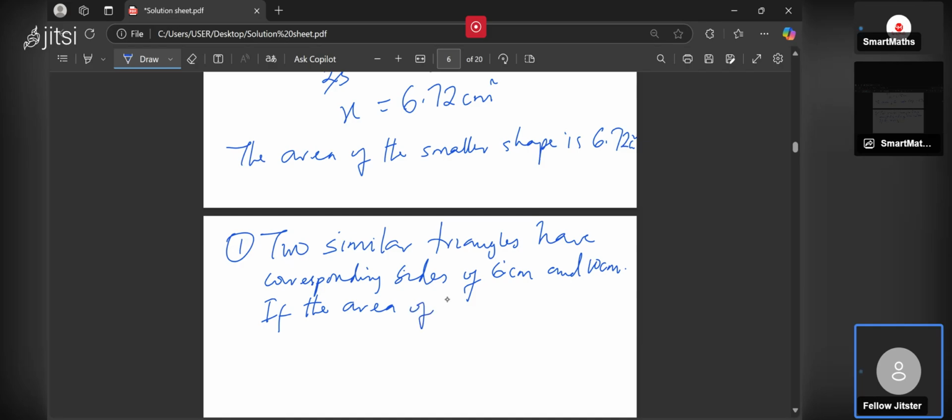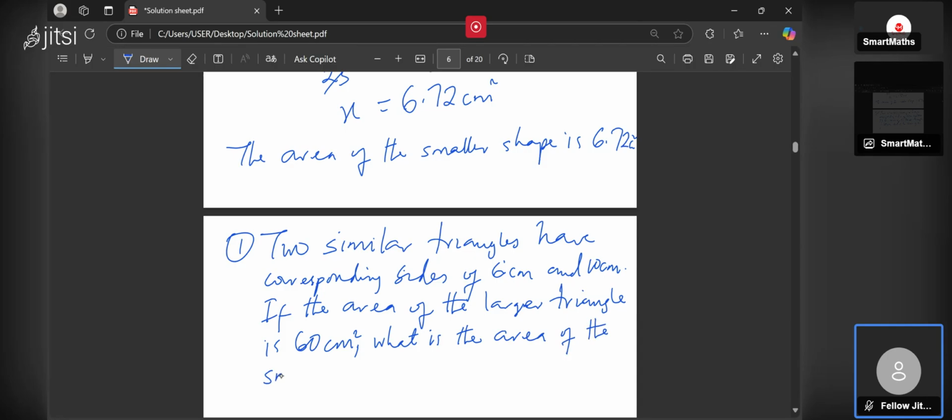If the area of the larger triangle is 60 centimeters squared, what is the area of the smaller triangle? Okay, so that is the question.